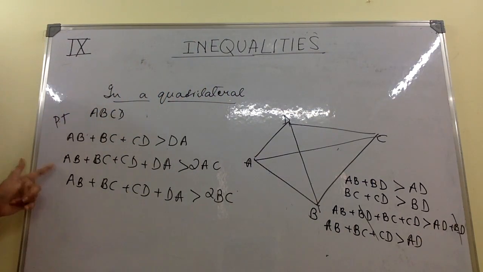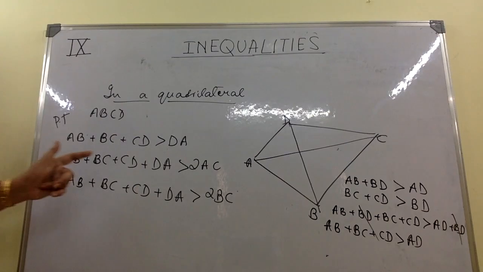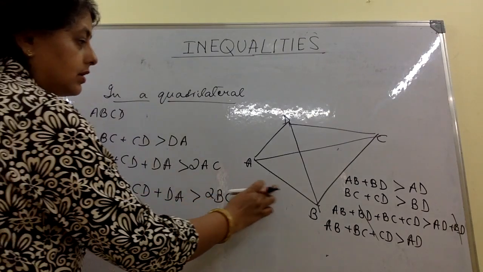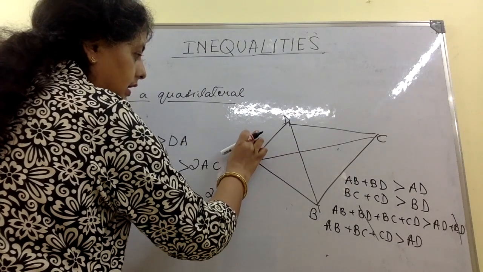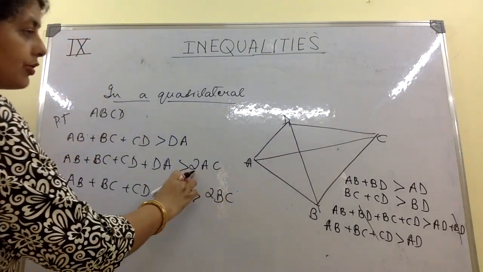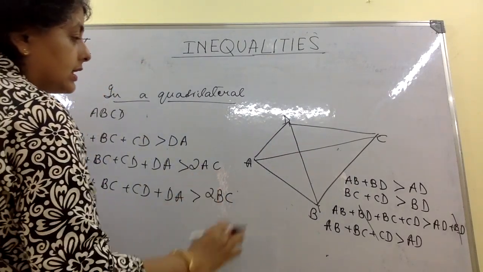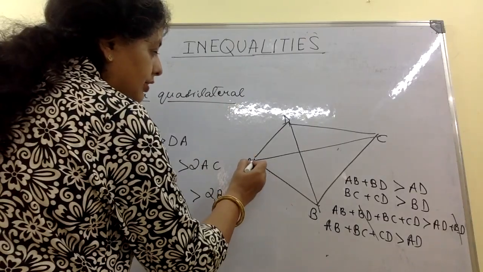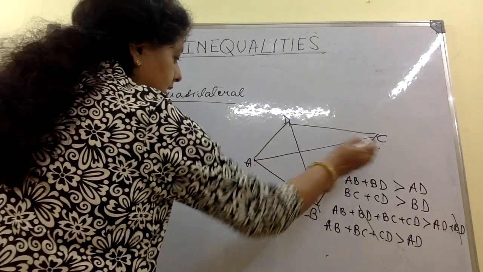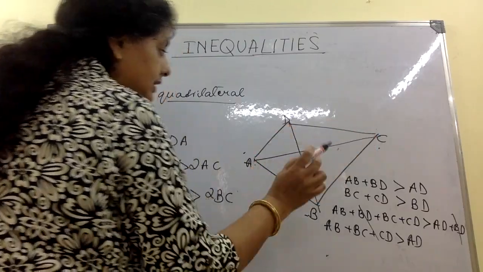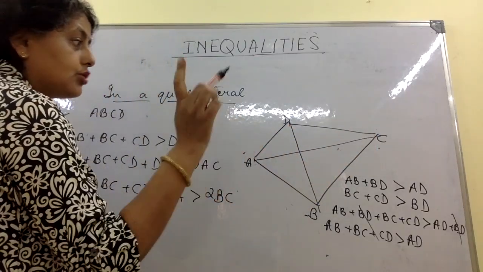Let's try out this: AB plus BC plus CD plus DA, and we have twice AC over here. Since we have twice AC, we are going to consider triangles ABC and ADC, because in that case we get AC two times.